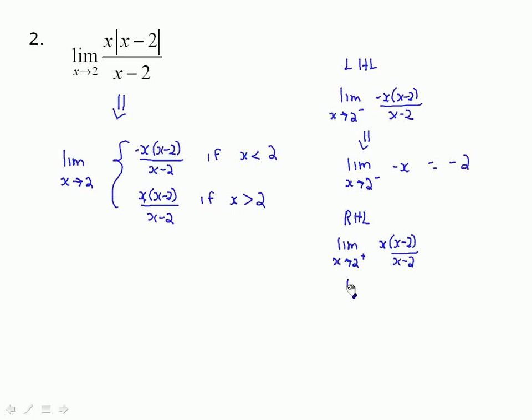And this would simplify to the limit as x approaches 2 from the right of x. So when you plug in 2 this time, we get positive 2. So, in fact, again, the left-hand limit does not equal the right-hand limit. So, therefore, the limit of the function f of x, or whatever you wanted to call it, as x approaches 2, does not exist.